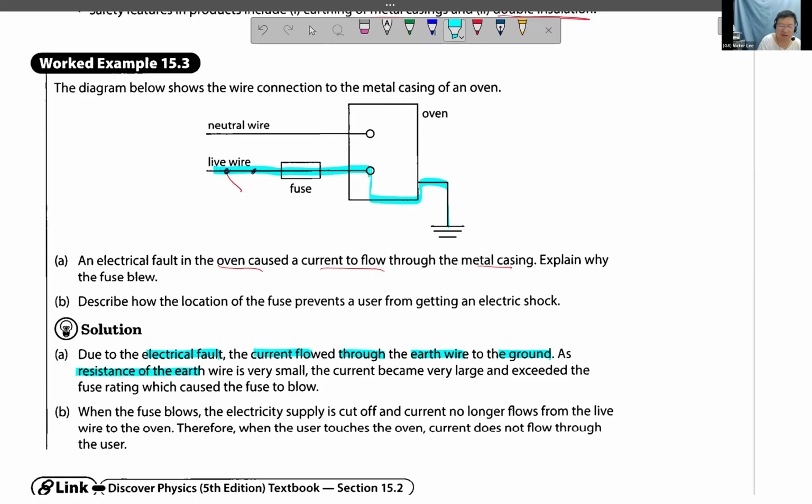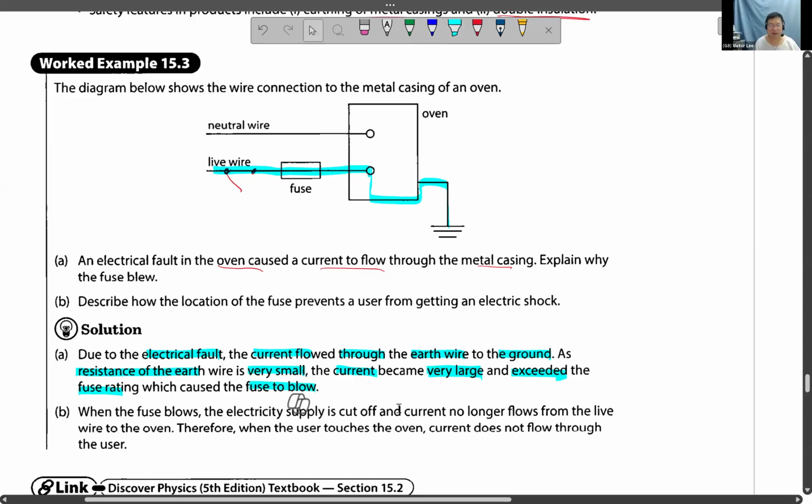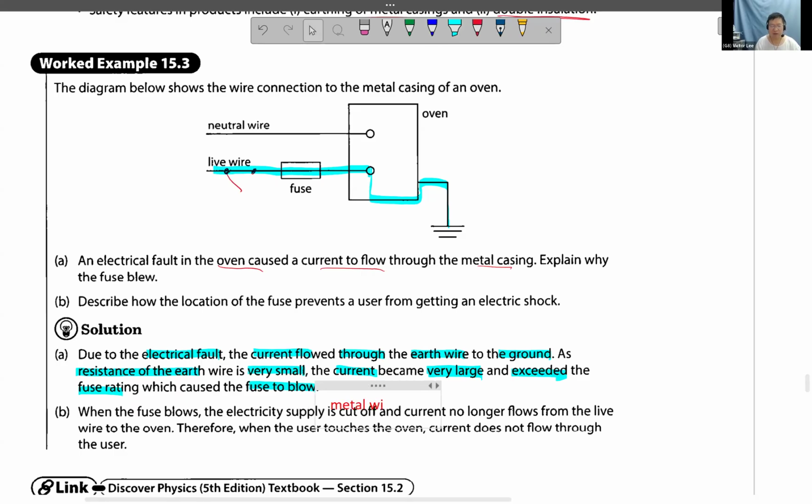Because the resistance of the earth wire is small, the current becomes very large, and therefore exceeds the fuse rating and causes the metal wire in the fuse to melt.